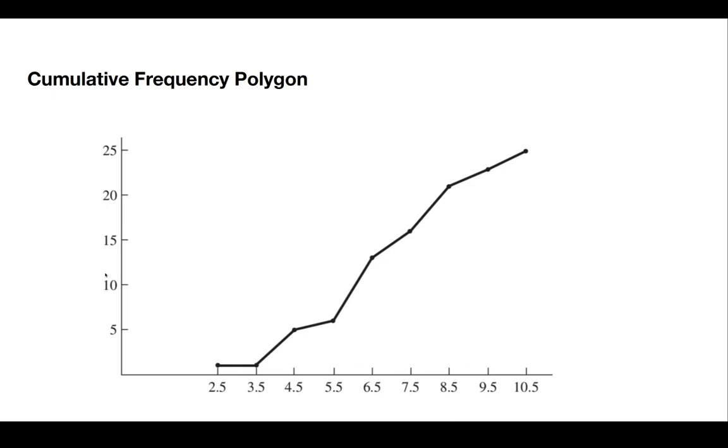To be more specific, the 6 inches height is equivalent to having 10 as a frequency, and with the formula, 10 over 25 is equal to 40, and that is our percentile rank, which is 40%.